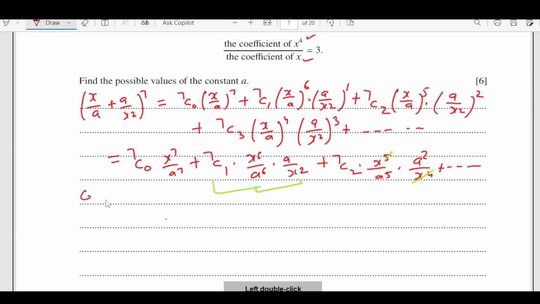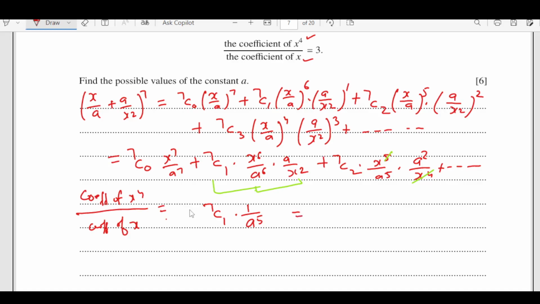so coefficient of x^4 over coefficient of x is equal to, the coefficient of x^4 is from here, 7C1 into 1 over a^5, right? Because this is going to become x^4, so we are not taking that, we are just taking the coefficient.